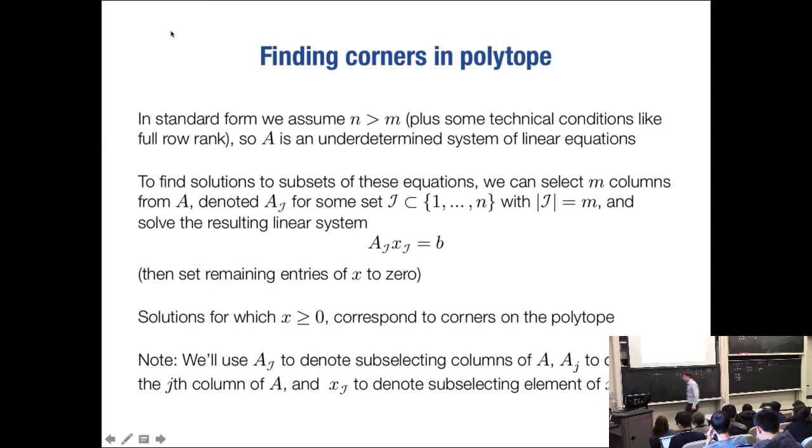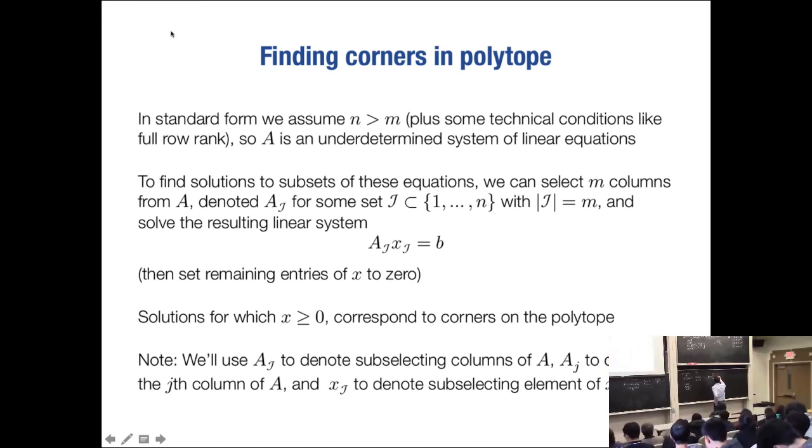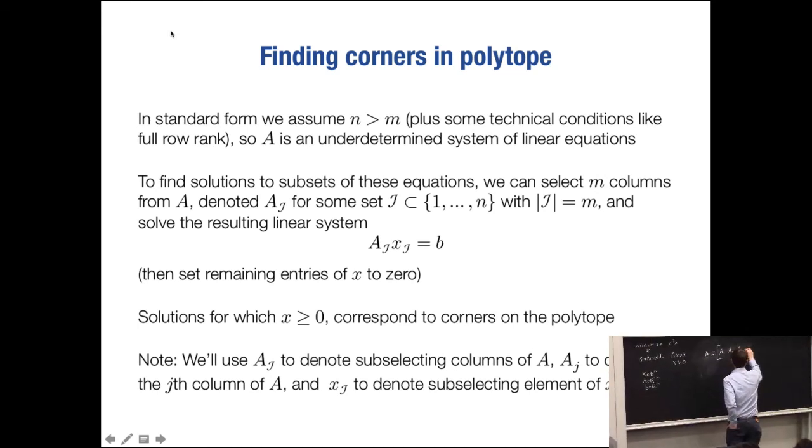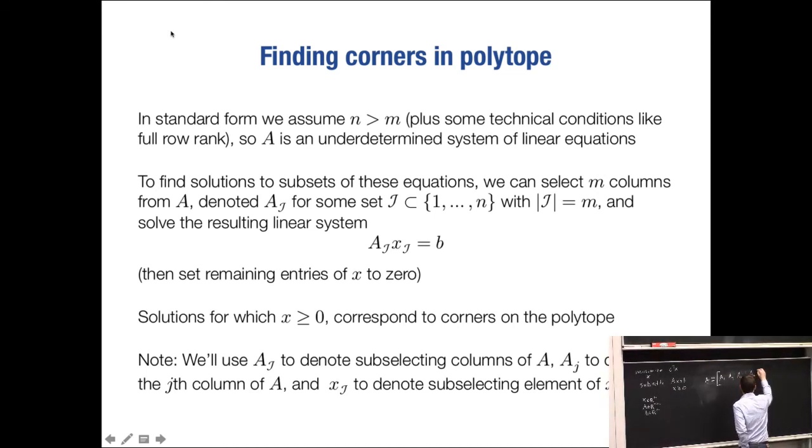All right. So the way I write that, let me just erase a few things that aren't very important. I'm going to write A by its columns. I'm going to refer to the columns of A as A1, A2, A3, all the way up to An. There are n of them. And A subscript script I, here script I is going to be some subset of 1 to n with m entries.